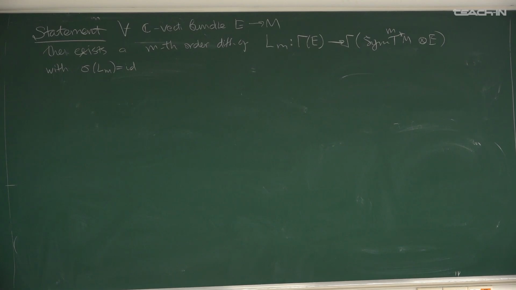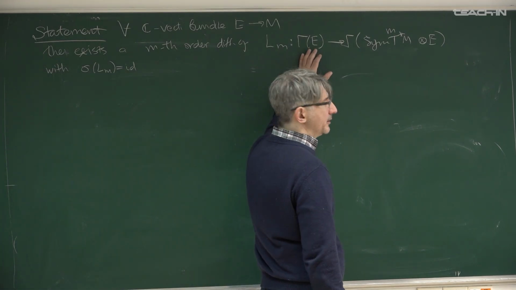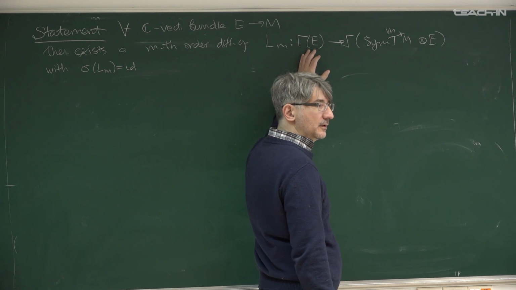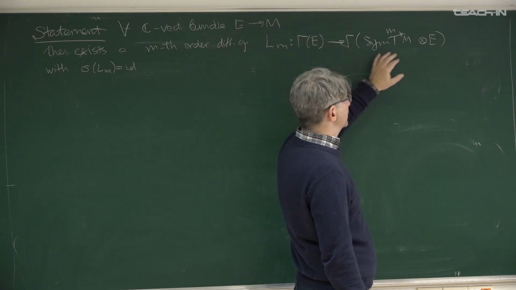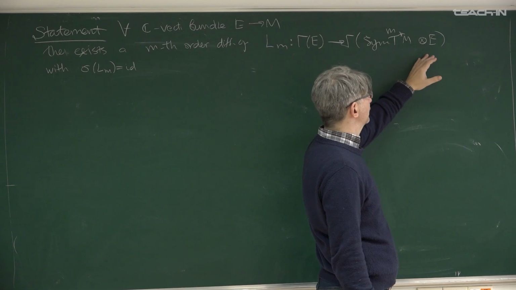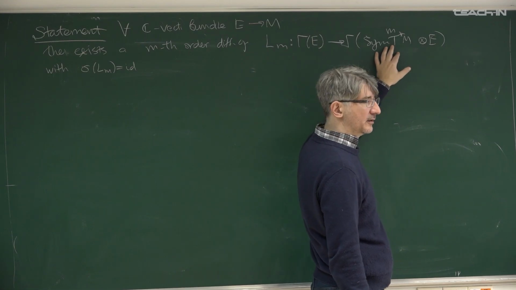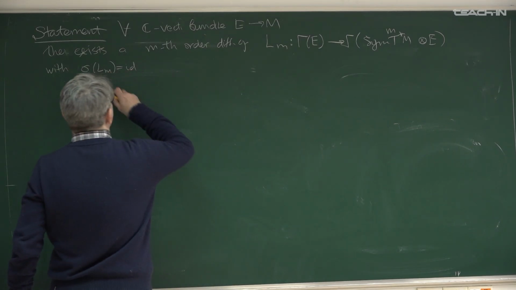Let me explain what happens. I have a vector bundle. I want to write a differential operator which sends sections of the vector bundle E to sections of this vector bundle. It's much more complicated. It consists of sections of this thing and that thing. But then you consider a symbol.